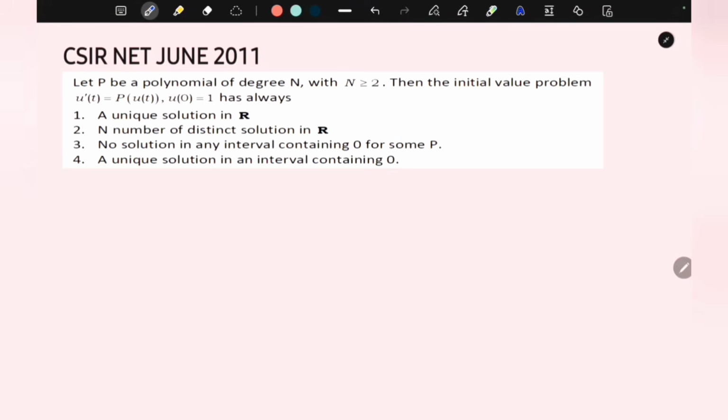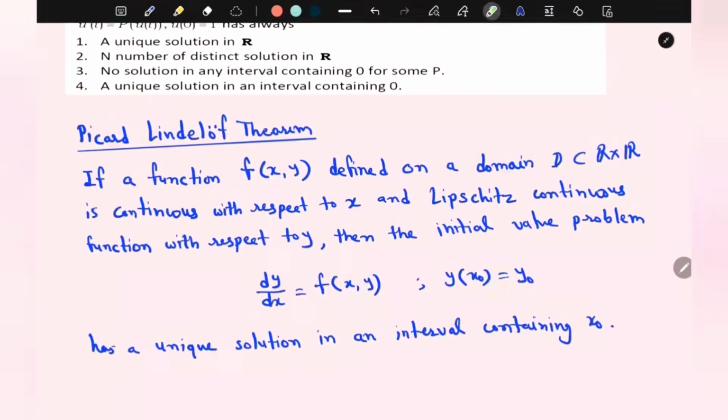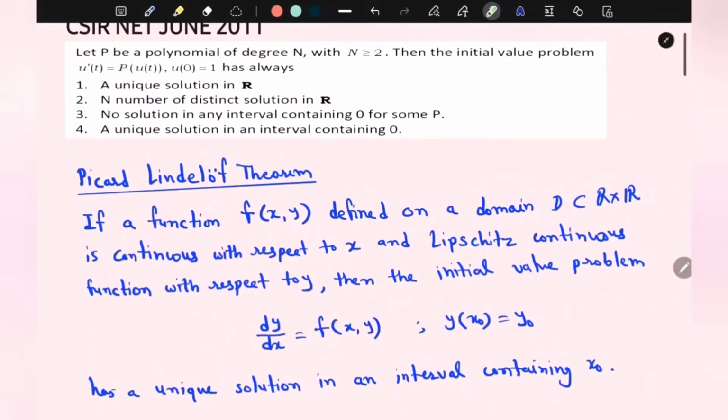The problem is to check the existence and uniqueness of the given initial value problem. To proceed, we will use the Picard-Lindelof theorem, which is also called the existence and uniqueness theorem.